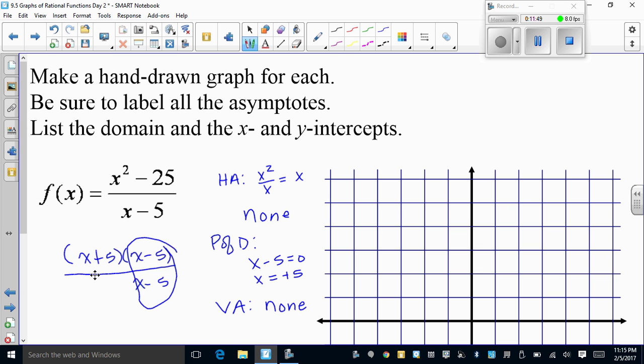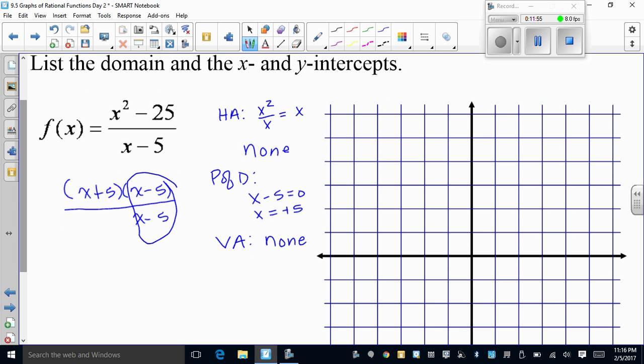So if I was to draw the graph, we're left with nothing more than an oblique asymptote of y equals x plus 5, except for when x equals 5. So 1, 2, 3, 4, 5, and slope of 1.